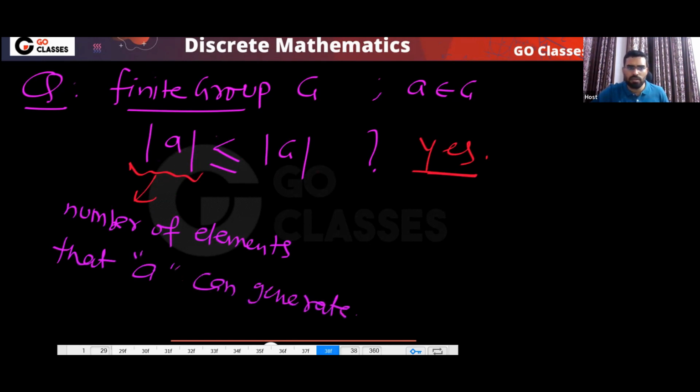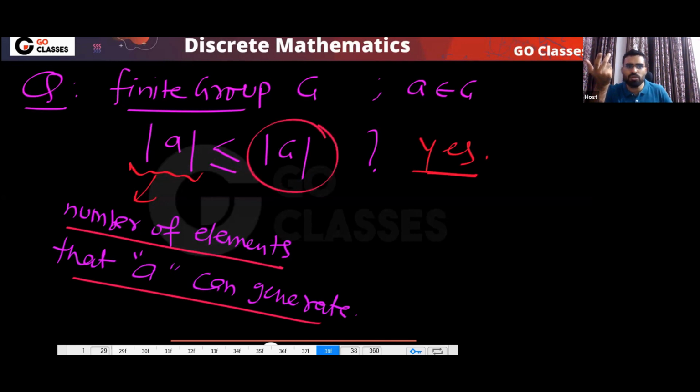Agree or not? So use this definition. How many elements can this A generate? It will definitely be from 1 to a maximum of these many elements.